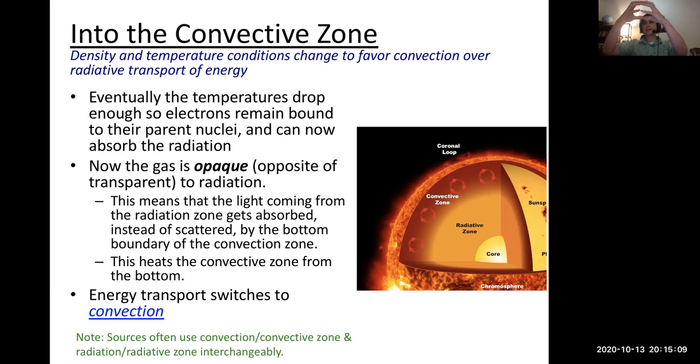And then as it rises higher, it'll cool down, which will cause it to become more dense, and then it'll sink, where it gets heated up, and then it'll rise and then sink, setting up these nice convective cells of hot material rising, cooler material sinking, hot material rising, cooling material sinking. So now we're not transporting our heat energy via radiation, we're transporting our heat energy via convection, and we're in the convective zone.